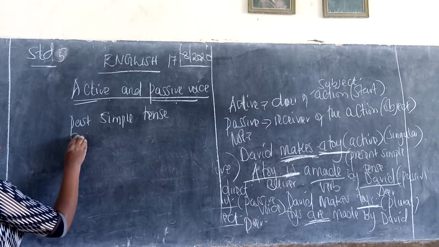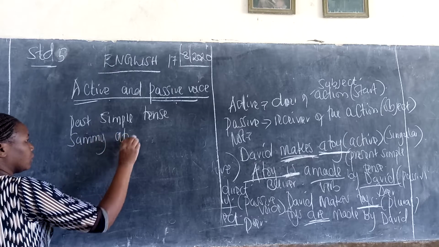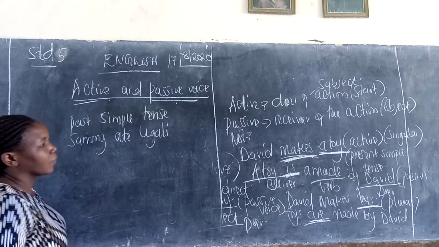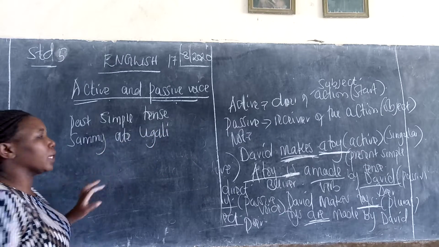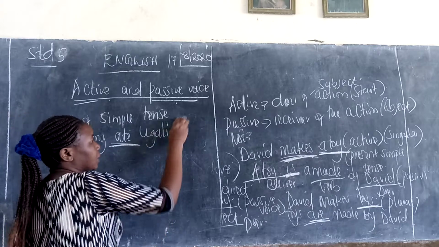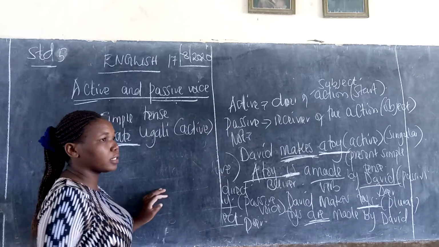Sammy ate ugali. Ate here is the action, and remember, our sentence is active. Always remember, we usually start with active.